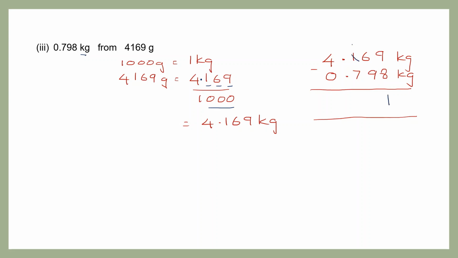I'm going to borrow. So it becomes 16 minus 9, which is 7. 0 minus 7 I cannot do. I borrow. So this becomes 10. 10 minus 7 is 3. Decimal point. 3 minus 0 is 3. And I write down kg. So my answer is 3.371 kg.